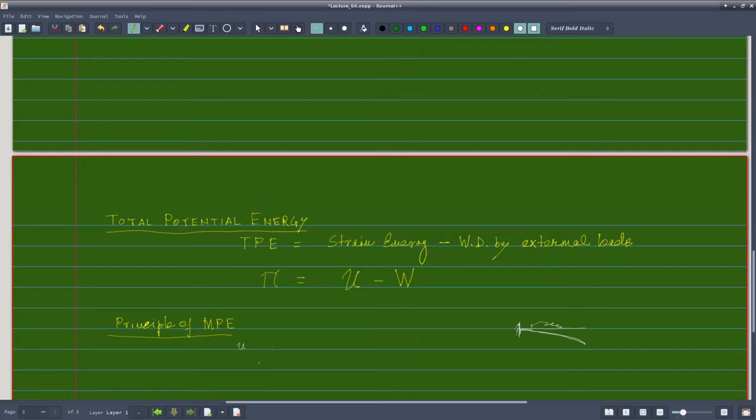Out of that, if the displacement field which is in stable equilibrium is say u star, then corresponding to that u star, whatever is my total potential energy pi, that pi will be minimum.